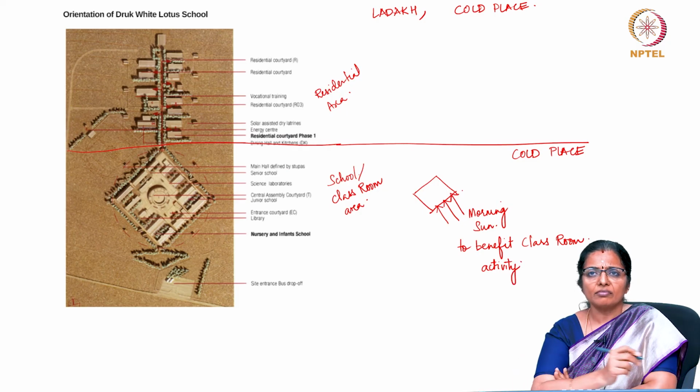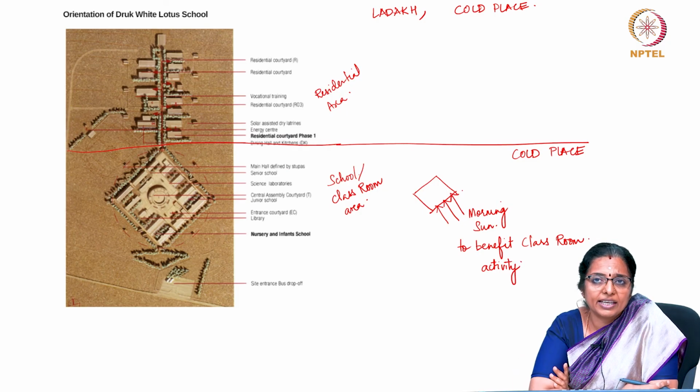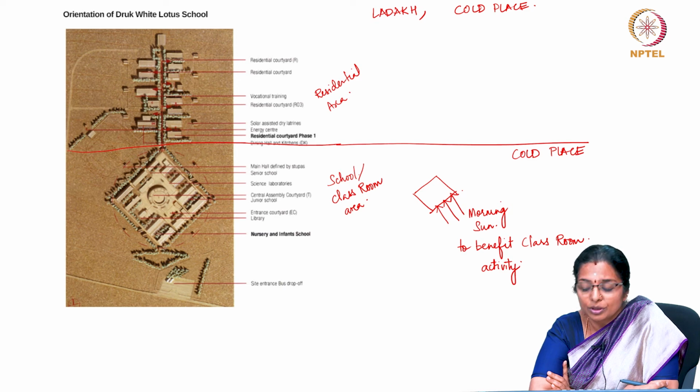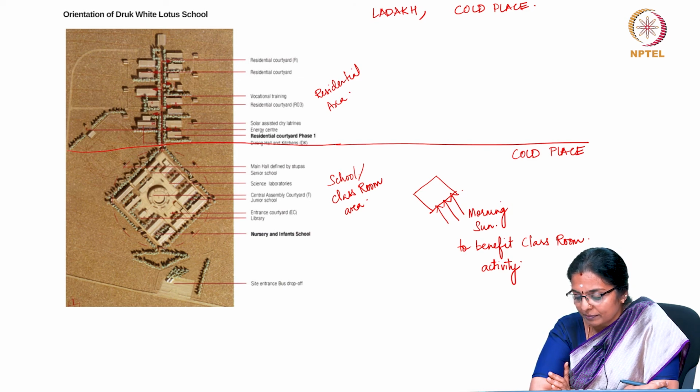Whereas, in the residential area, the buildings face south so that they maximize solar benefit through the day and store heat for evening and night time use. Whereas for teaching, it is turned at 30 degrees from the south towards the east.